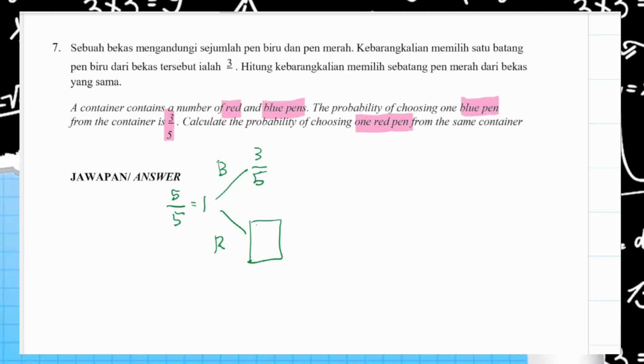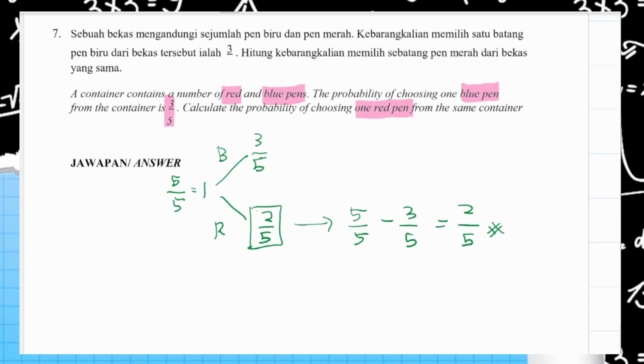When you want to find the probability of R, you will use the formula 5 over 5 minus 3 over 5, right? So you will get 2 over 5. Very simple question, direct. Okay, we proceed.